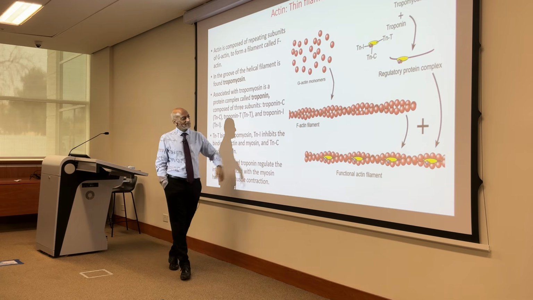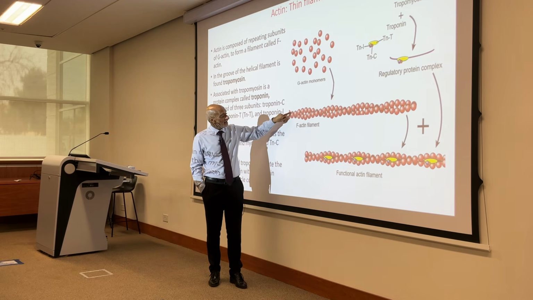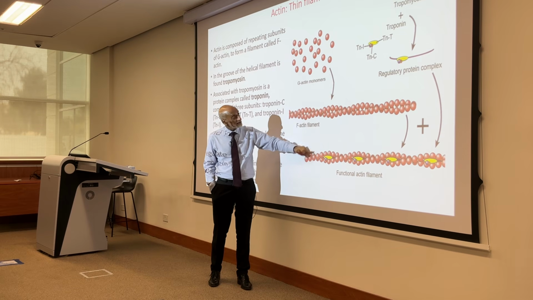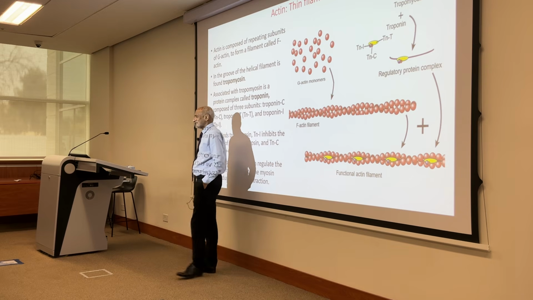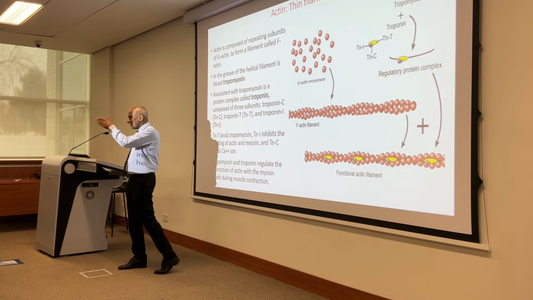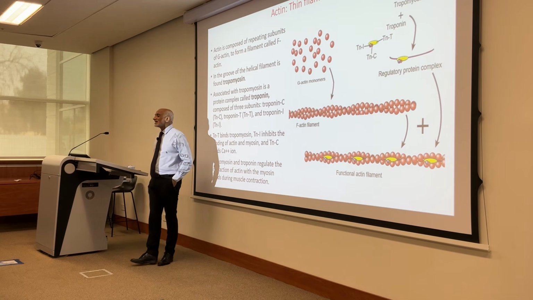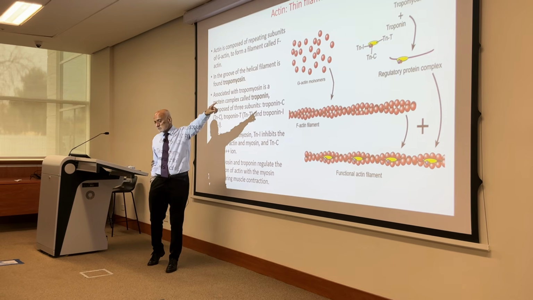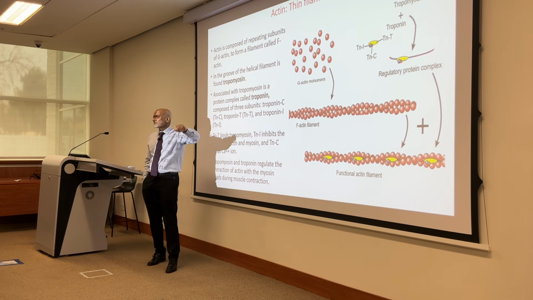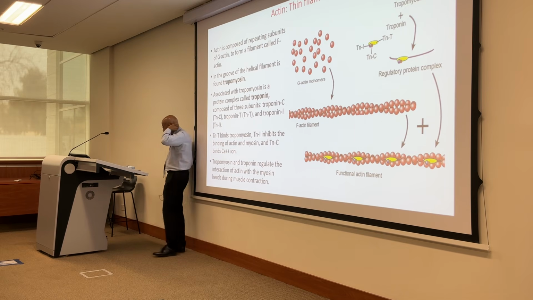All right? And then it's held together by the black line up there on the top, called tropomyosin. And attached to tropomyosin at intervals is a group of proteins called troponin: troponin T, troponin I, and troponin C.